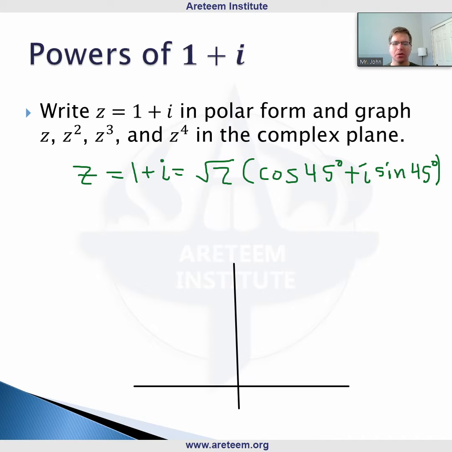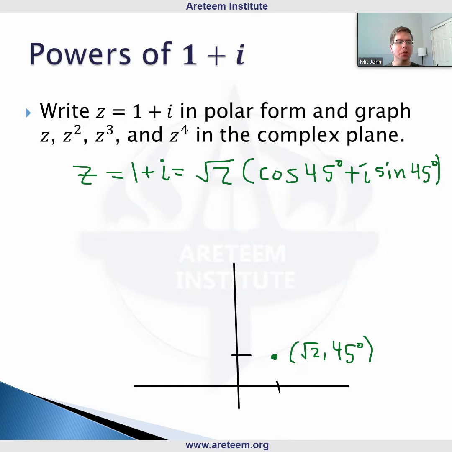And we can start with our point 1, 1 as well. So that was our z at the beginning, was this point right here. And I'm going to write it in just polar form here to save a little bit of space. So this is the point in polar form, square root of 2, 45 degrees in this scenario.